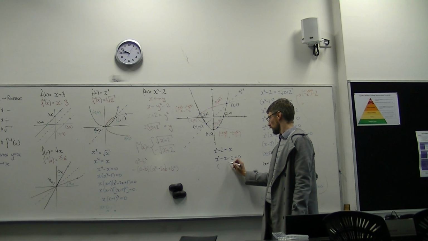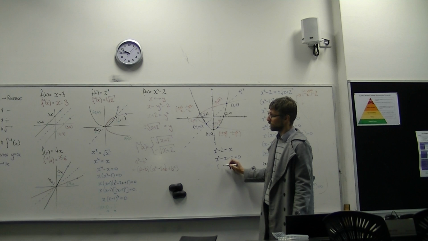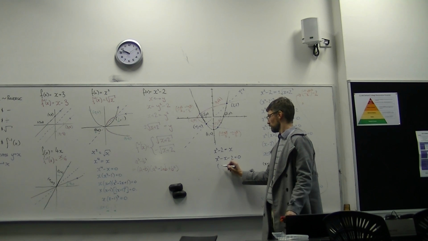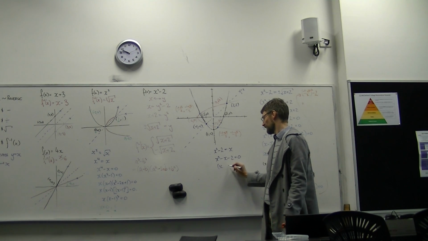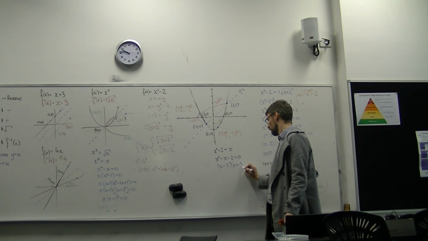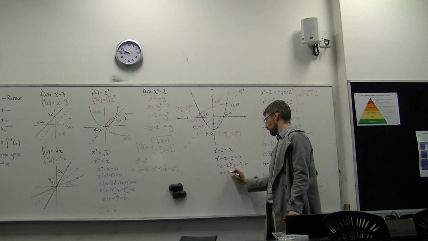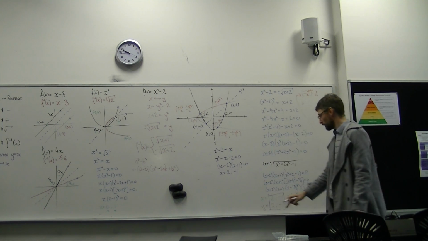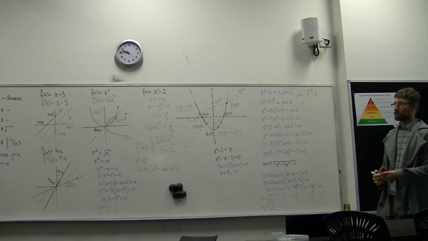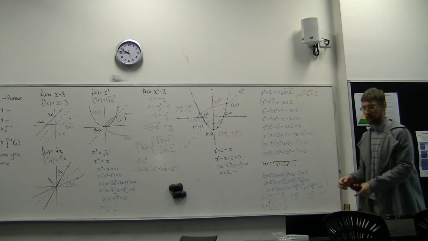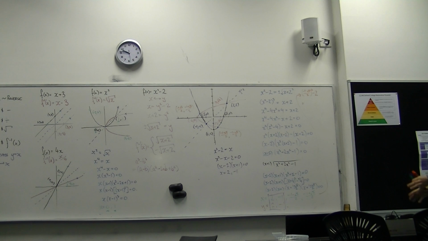That's convenient. 2 things that times to -2 and add to -1. 1 and 2. -2 and 1, hopefully. Great, therefore x is 2 or -1. Hey, we saved a lot of time. Right, so this is why you want to be looking for shortcuts where they exist.